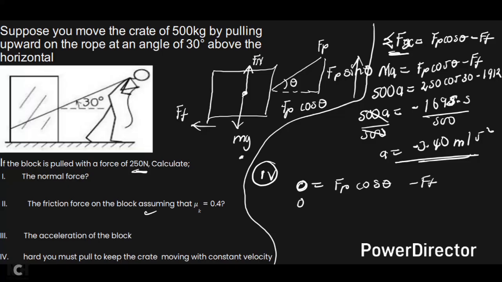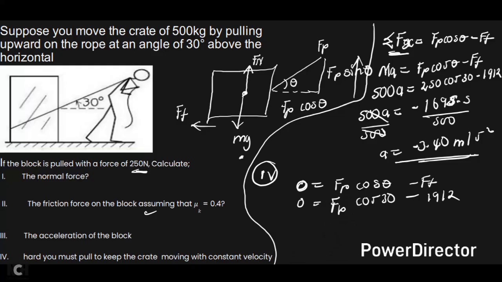So this is 0. Oh no, you're supposed to keep Fp, because we're looking for that force. Fp cos theta minus the friction force, and the friction force is 1912.